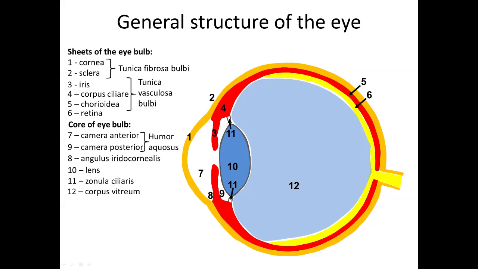Gel similar structure which fulfilled the eyeball inside, and also the shape of the eyeball is due to this content. So corpus vitrum is a gel type content of the eyeball.